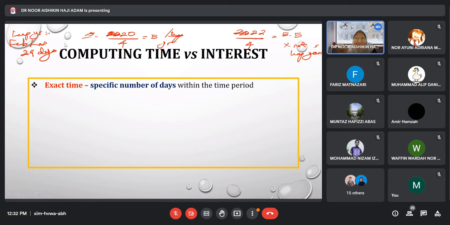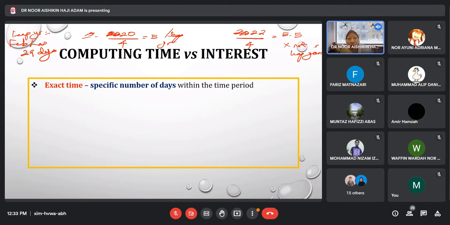Ada orang tak yang birthday dia 29th of February dalam kelas ni? Tak ada. Untung special breed ni yang birthday dia 29 February. Otherwise, how many days do we have in February? Biasa 28 days in February.